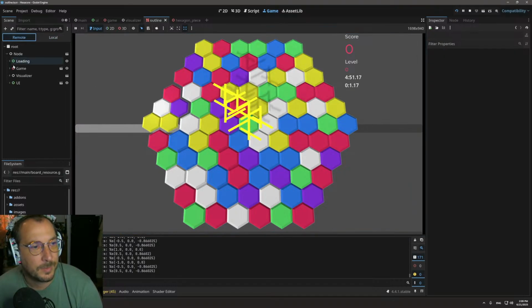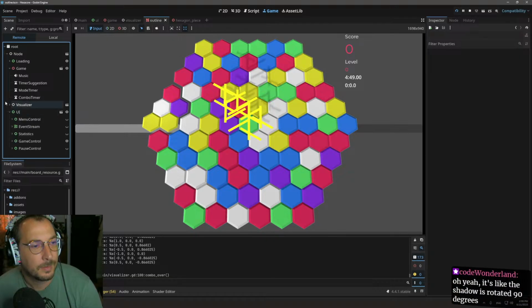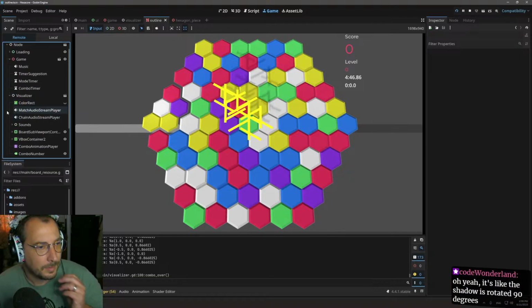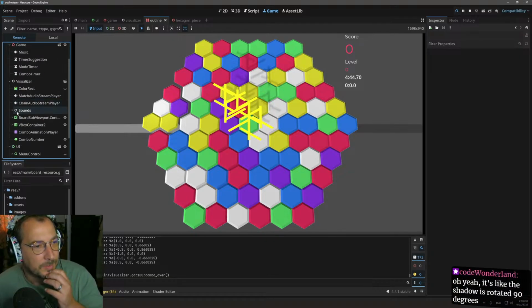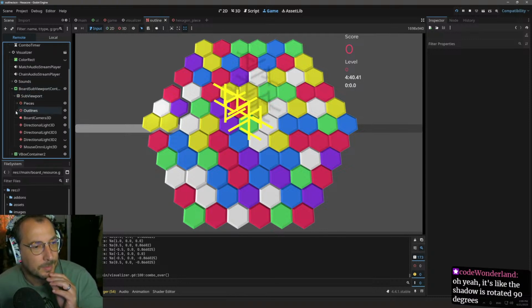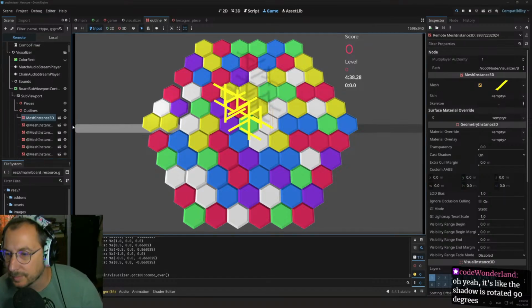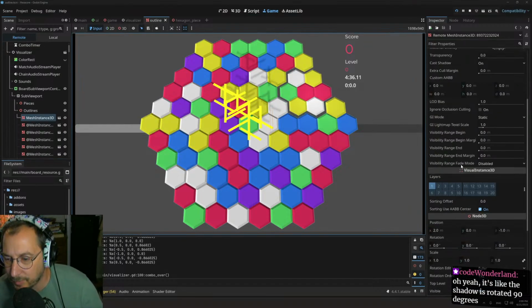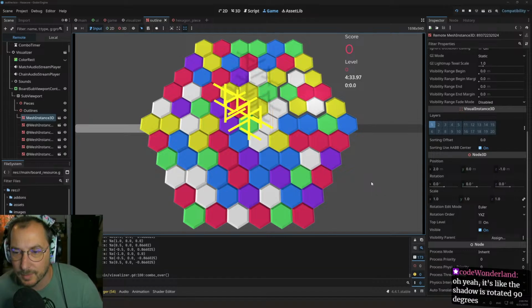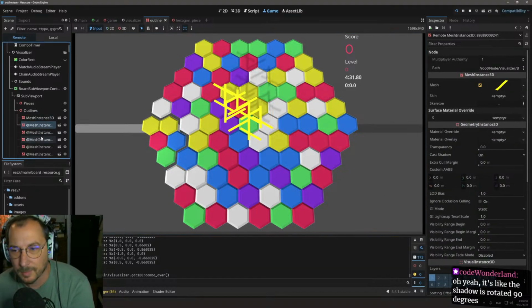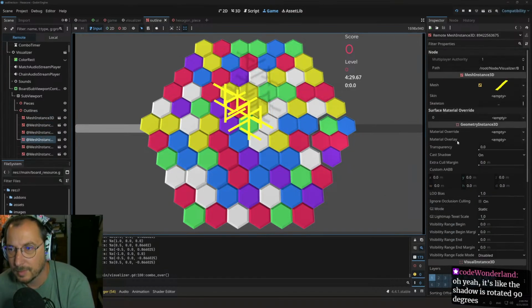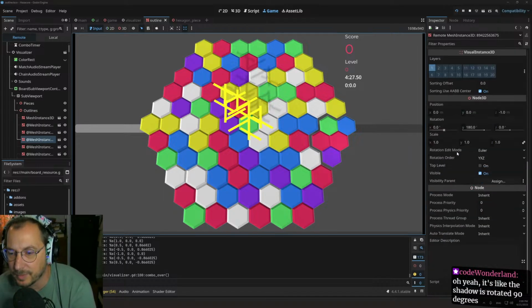Yeah, what is going on with our depth here? I think maybe we're applying some numbers incorrectly. Let's look at the transforms. I don't need to see all of this. I just want the transform.